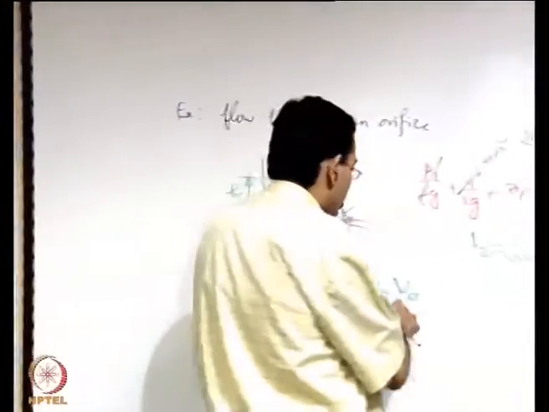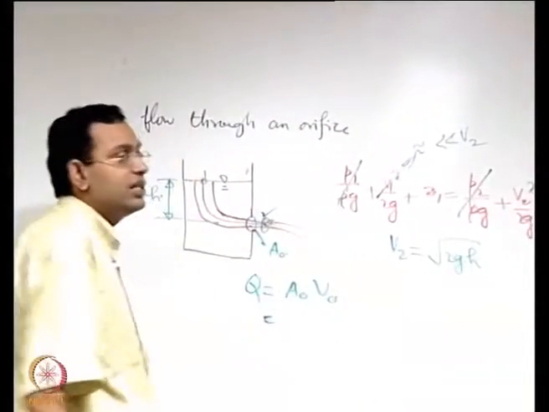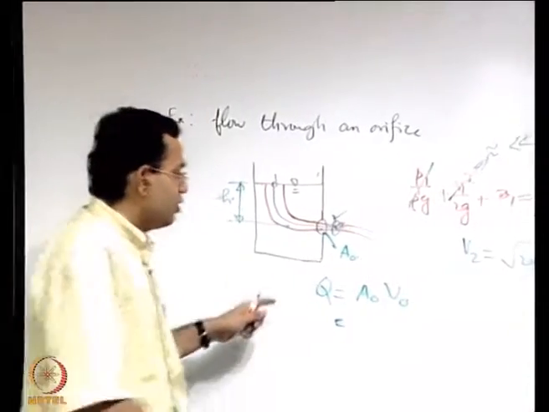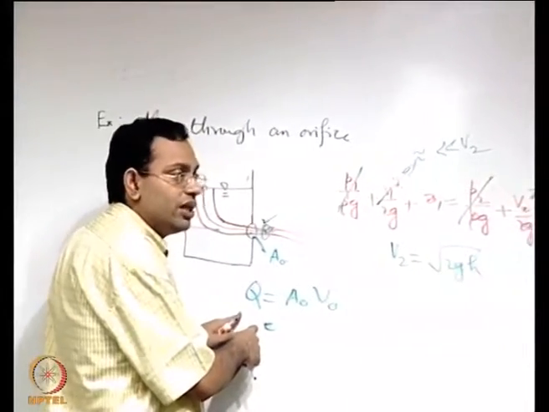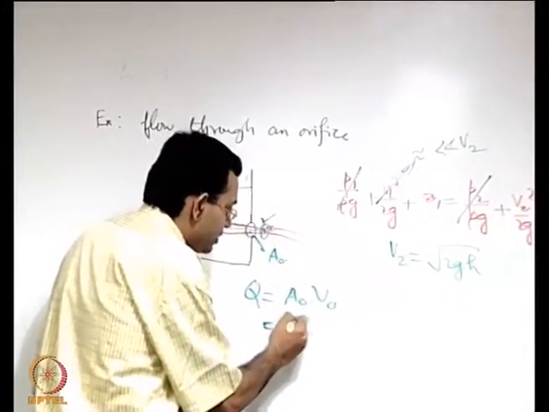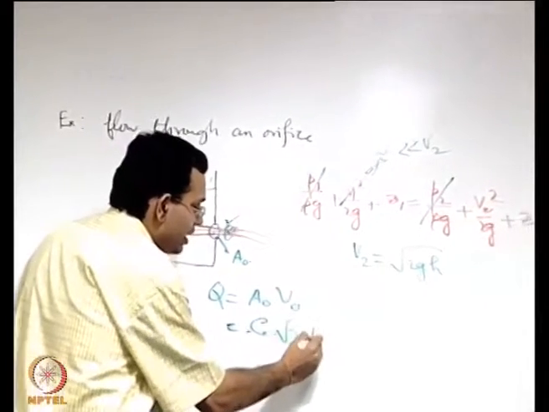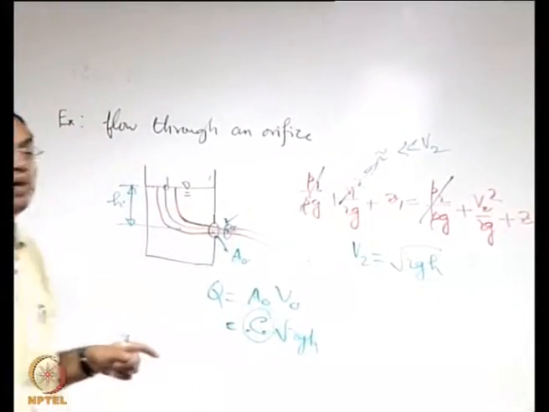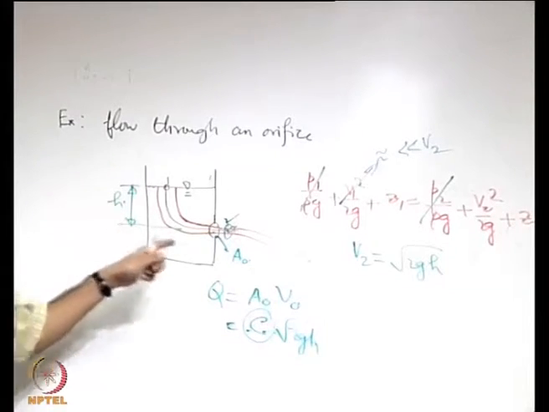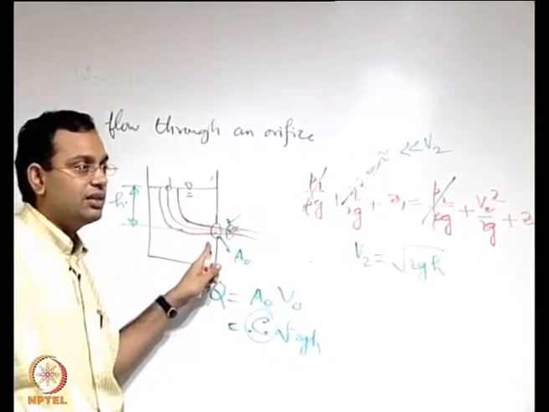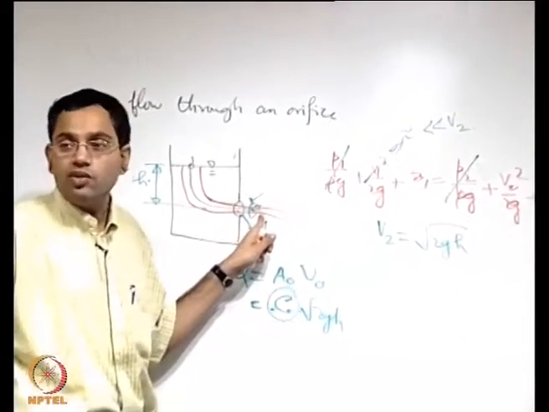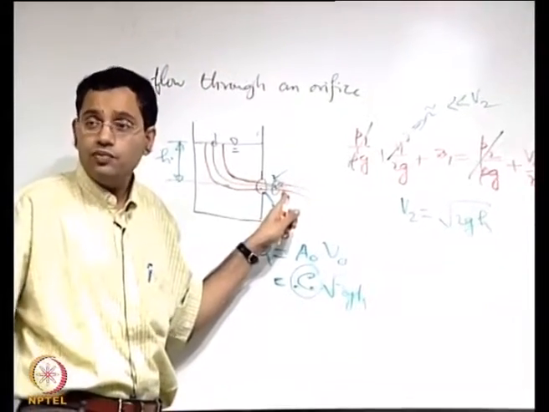So your V0 is not the same as root 2gH, and you can therefore write this Q in terms of a coefficient C times root 2gH, where this coefficient C takes into account this deviation, since the velocity is not actually at the section you are considering, but at a section located at the vena contracta. So that you have to keep in mind.